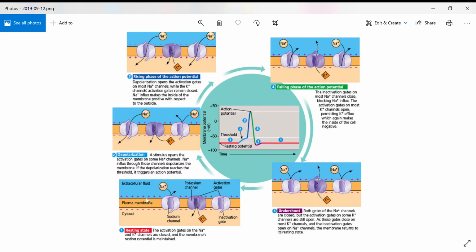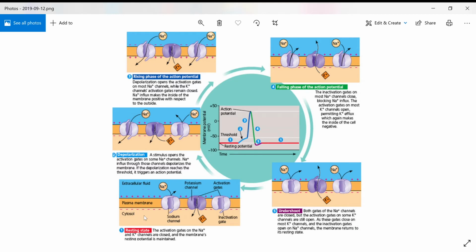In this picture right here, these are voltage gated ion channels. These ion channels are activated by a change of voltage, whether it's increasing or decreasing, and I'll get into that right now. So in the resting state, all of these voltage gated channels are closed because there's no change in the voltage, anything like that.